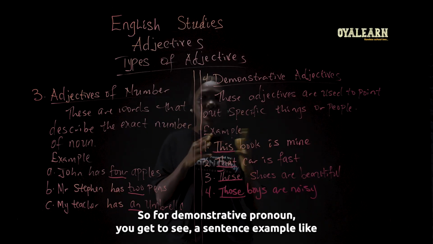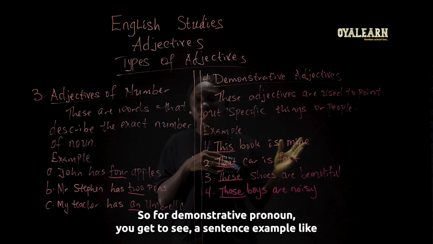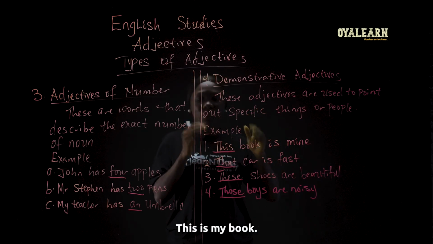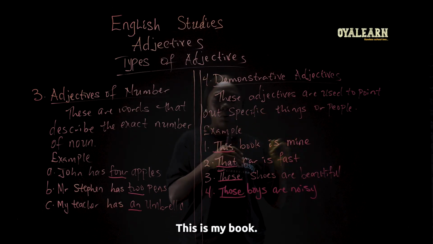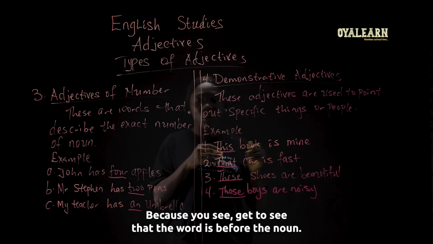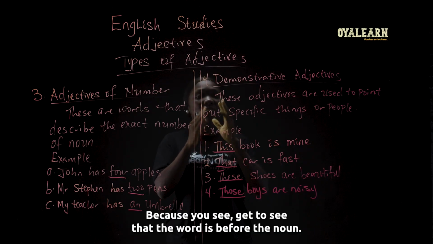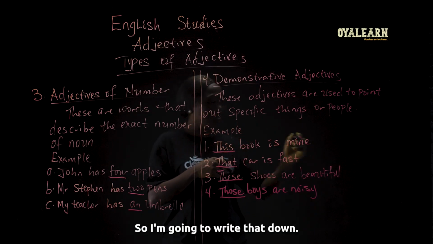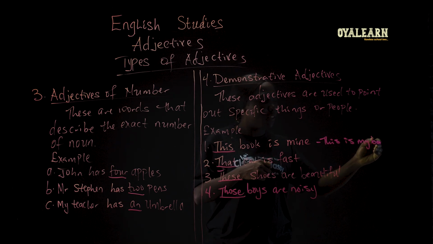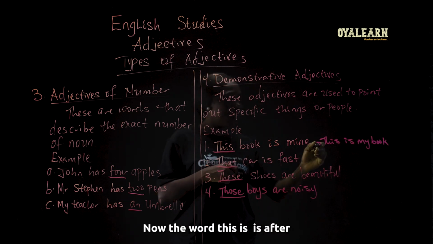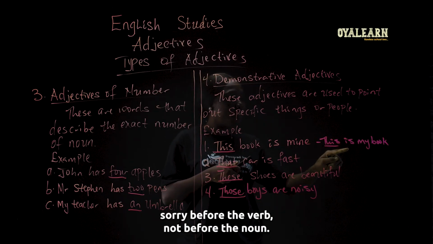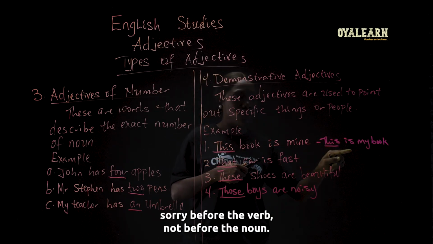So for demonstrative pronoun, you get to see a sentence example like, this is my book. The word this in that sentence is a demonstrative pronoun, because you get to see that the word is before the verb, not before the noun.